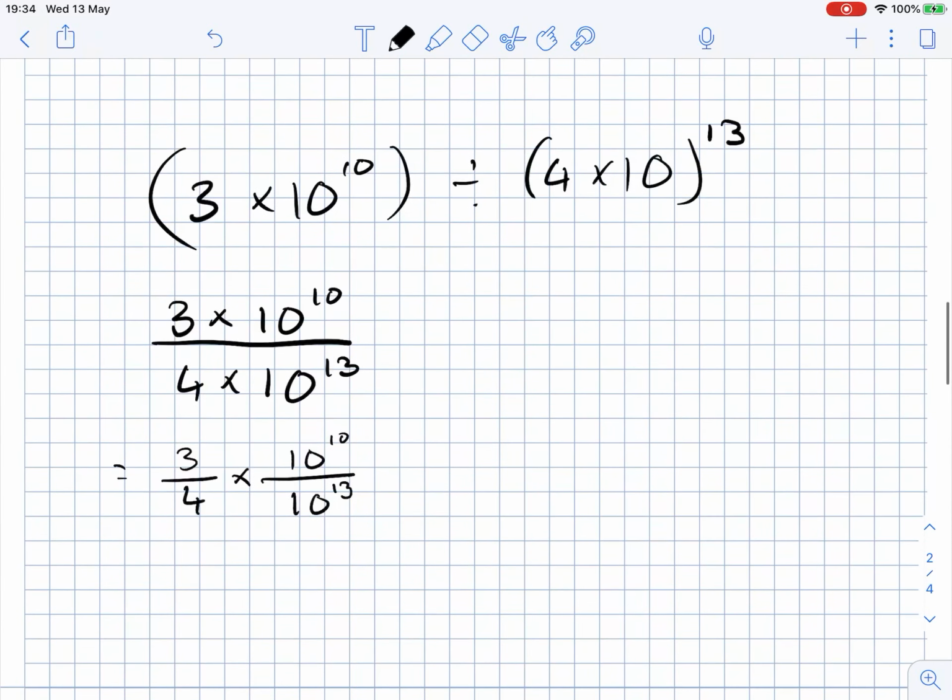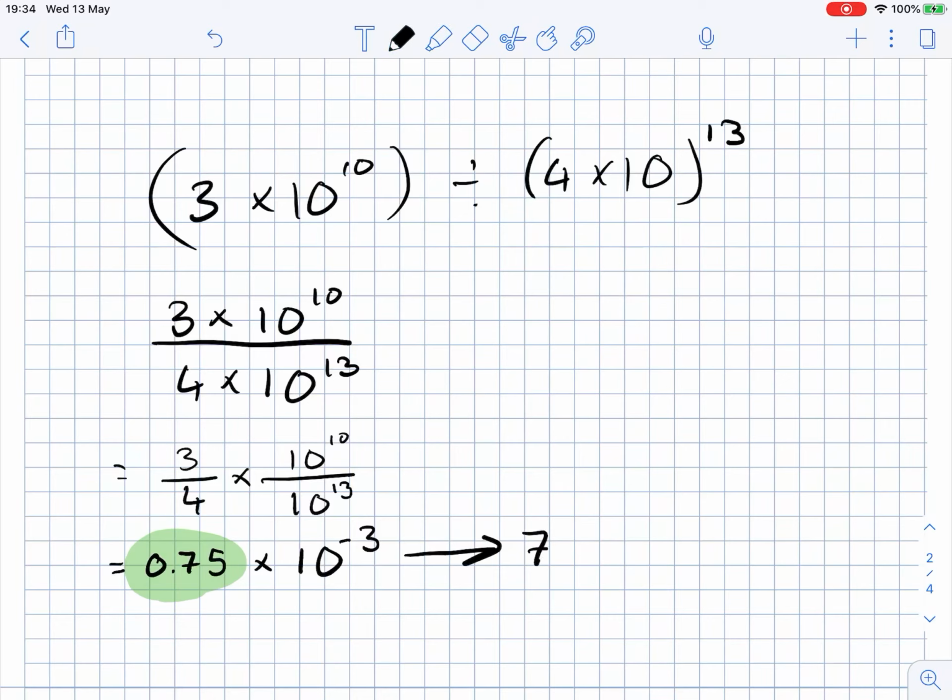Now, because we're writing this in standard form, I'm not going to leave it as 3/4, I'm going to write it in its decimal form, 0.75, and 10 to the 10 minus 13 is going to become 10 to the minus 3. Now this is not quite in standard form because our 0.75 is not a number between 1 and 10.